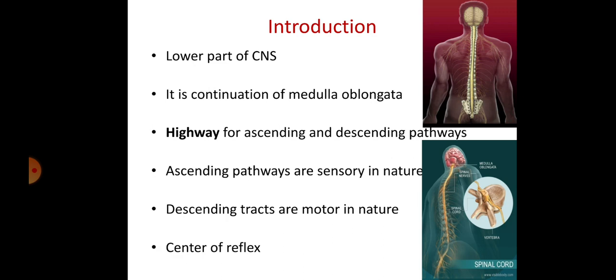Then what is a reflex? Reflex means sudden reaction or sudden response. A sudden involuntary response to a stimulus is called a reflex. For example, you are walking on the road, and suddenly something passes in front of you, so suddenly there will be a change in your body.